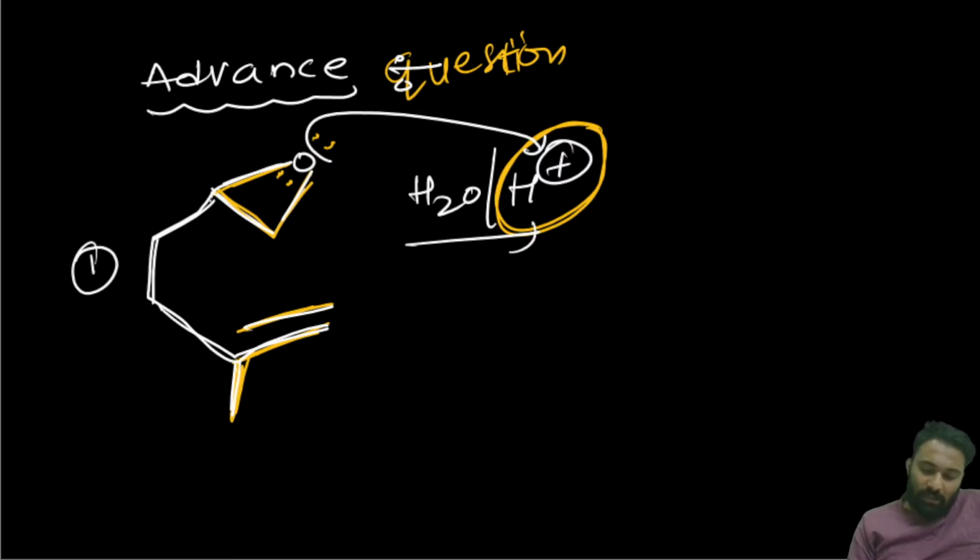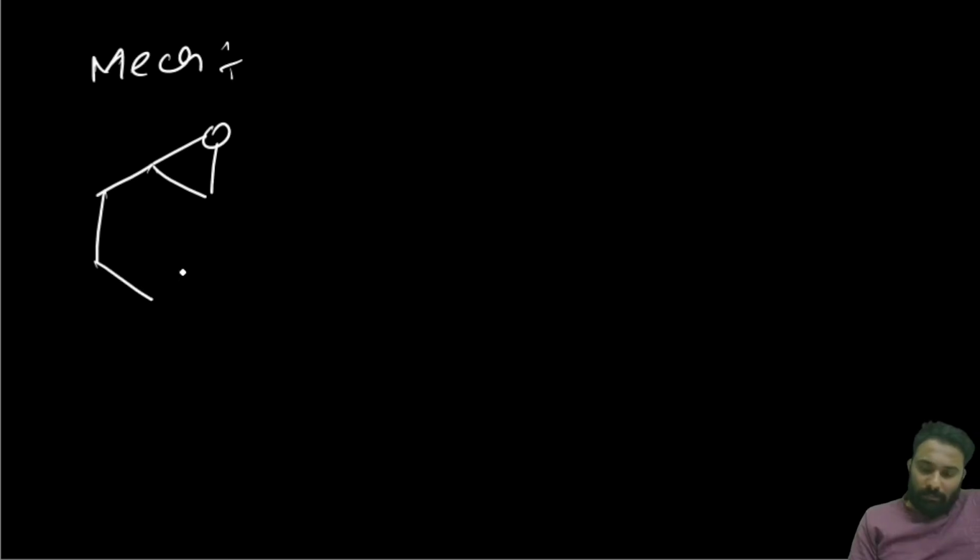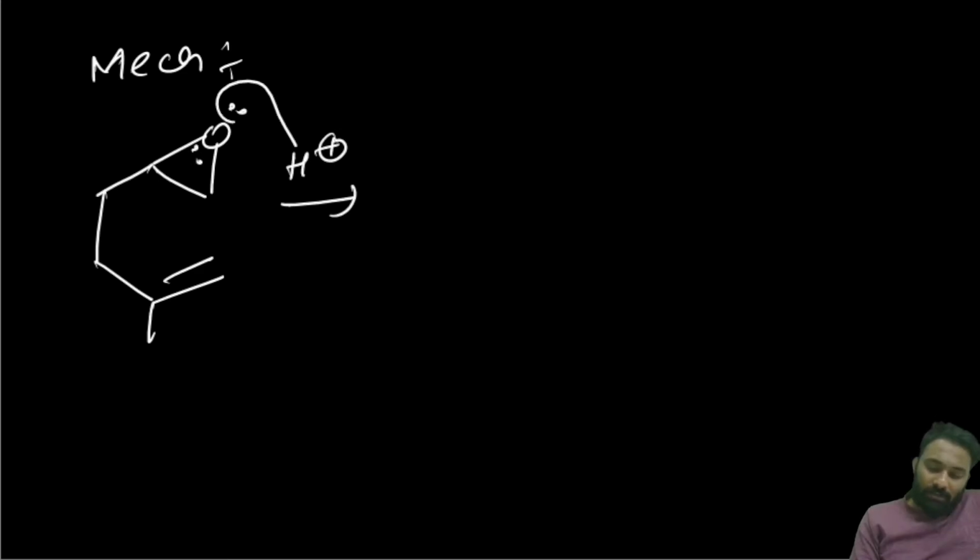Then how will the reaction happen? Now we'll see the mechanism for that question. So here it is an epoxide. It will attack the epoxide only, because the epoxide oxygen lone pair of electrons will abstract the H plus.